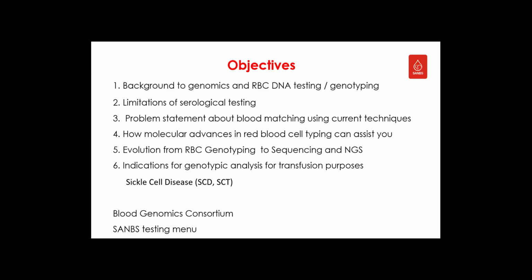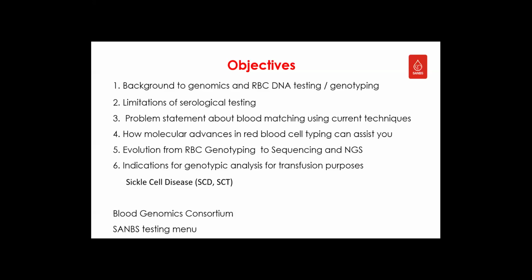Also, I think we really have to circle back to the foundation of transfusion testing using serological techniques and understand what the limitations are and why red cell genotyping is so exciting and how it fills those gaps that we have at the moment. And this really speaks about the problem statement, about current blood matching using current techniques.